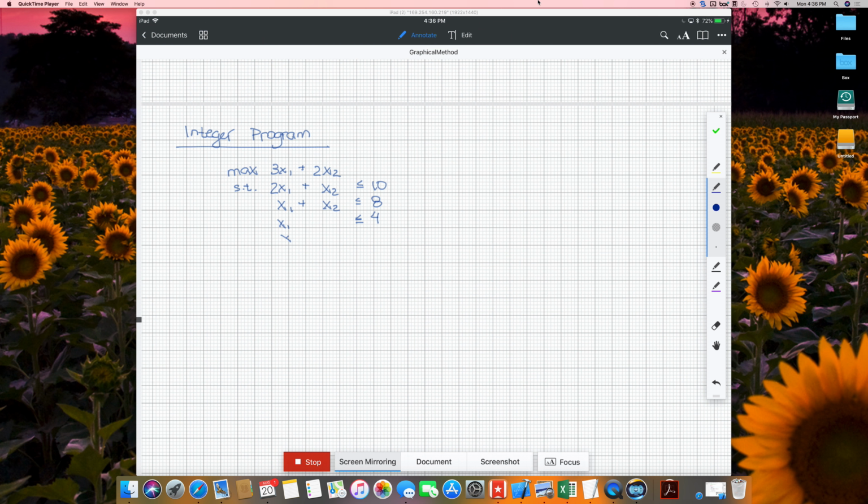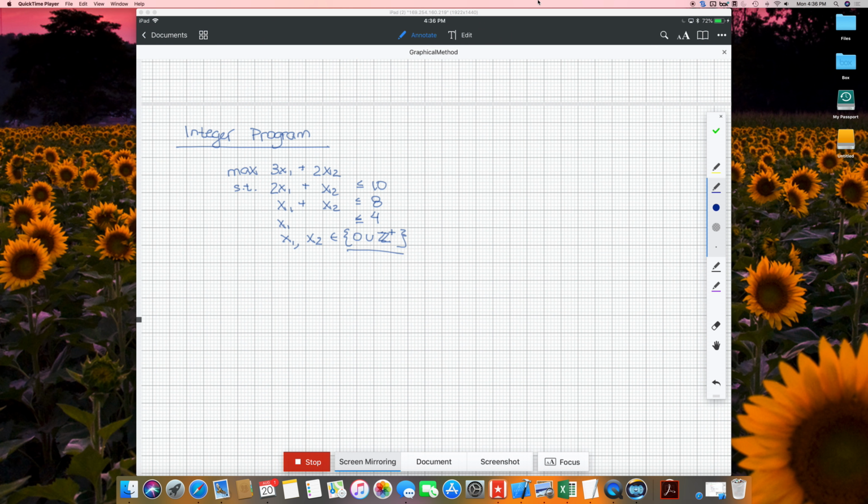Here we're going to say that x1 and x2, instead of being greater than or equal to 0, belong to the set of 0 union Z plus. Z is our set of integers, and when I add on this plus, I get the positive integers.